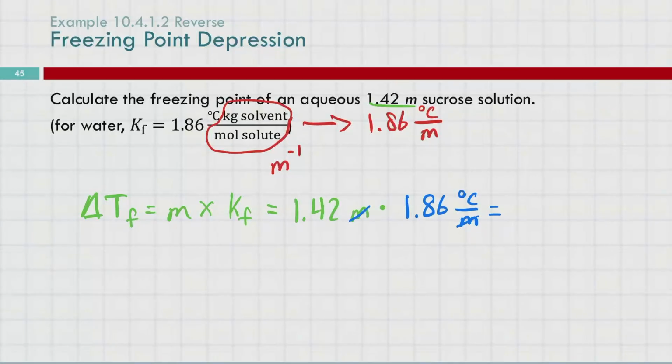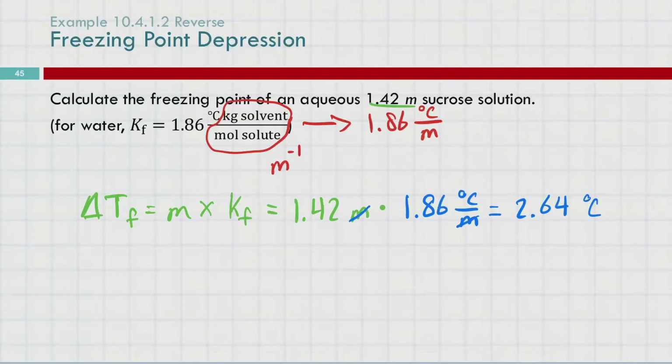So the molalities cancel, 1.42 times 1.86. We get a value of 2.64 after we round for 3 sig figs degrees Celsius.